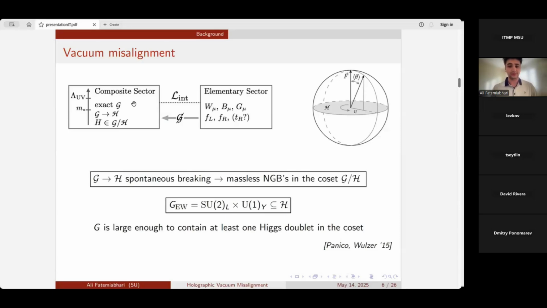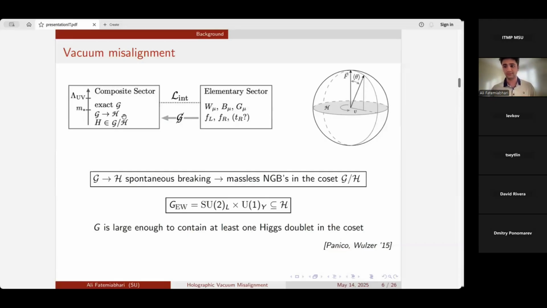In our case, as I will go into details later, the G group will be SO5, and there will be a spontaneous breaking to an SO4, and this is the minimal composite Higgs model, because SO5 to SO4 produces 4 Nambu-Goldstone bosons, which is the minimum number of degrees of freedom required for the Higgs complex doublet.